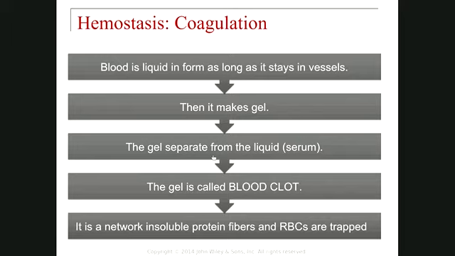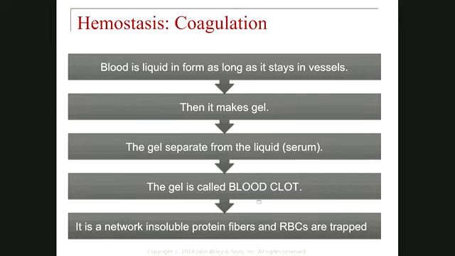This liquid which comes out of the gel is called serum, and you need to know that the serum is very similar to the plasma, just the clotting factors are missing in the serum, which we have in the plasma. So pay attention, serum and plasma are the same, but in the serum we don't have clotting factors, but in plasma we do have clotting factors.